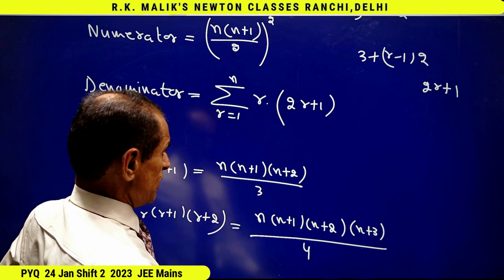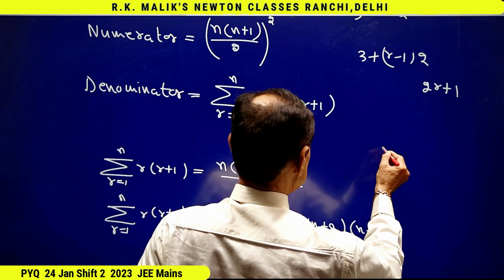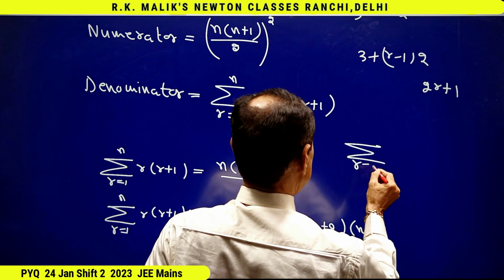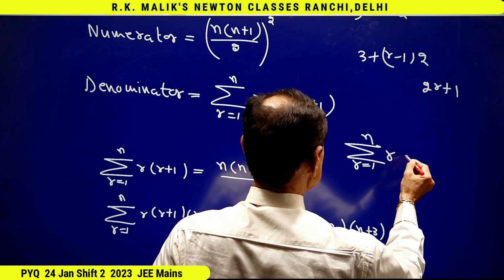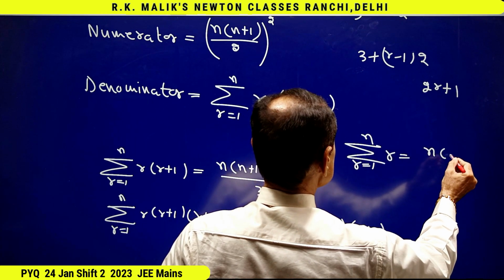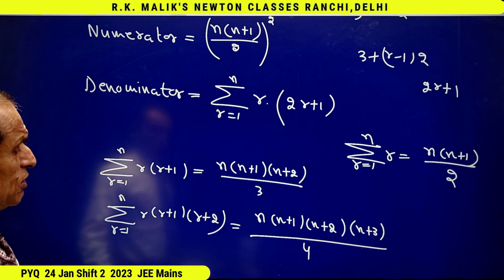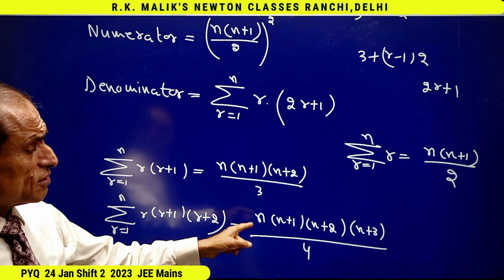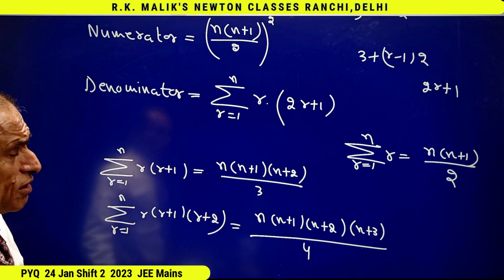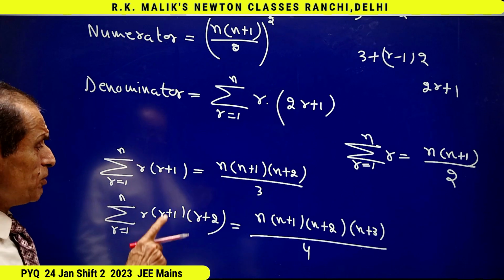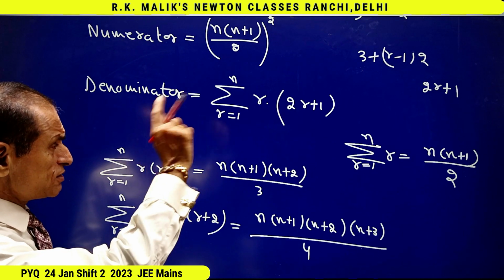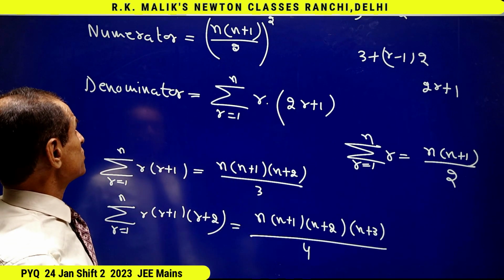And in the similar way, R equal to 1 to n, R is there, then it is n into (n plus 1) by 2. Actually, you can see very easily, all the results are symmetrical, and symmetry always makes our calculation simple. That is why I will be using this direction rather than the previous direction.